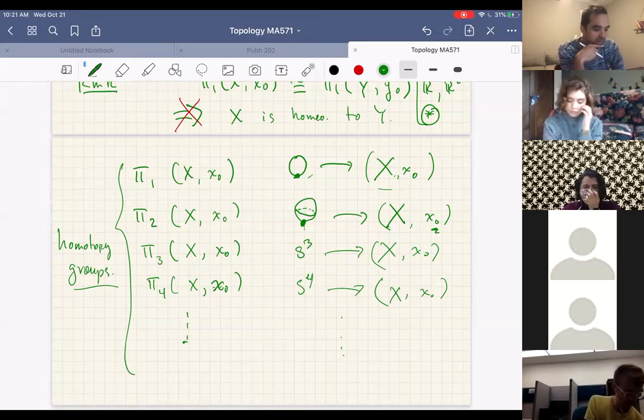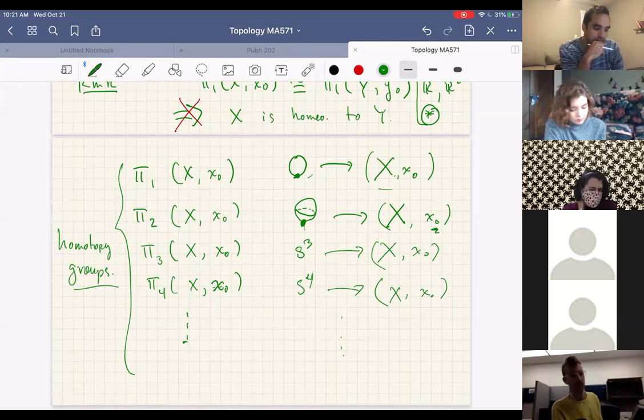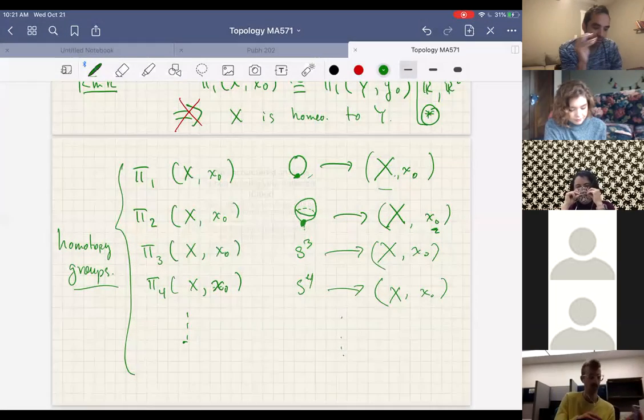If you know all of them, you still don't know your space up to homotopy equivalence, but you're closer. It has more information. You said you can do this for every integer, but is there a point where they all start being the same? No. For certain spaces, there are stabilization phenomena people study, but that's something else.